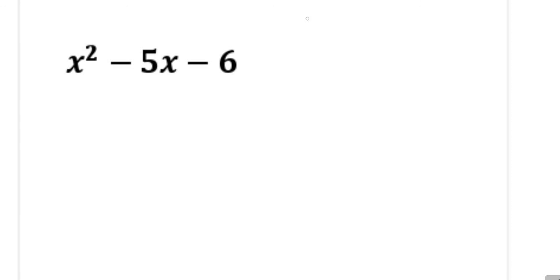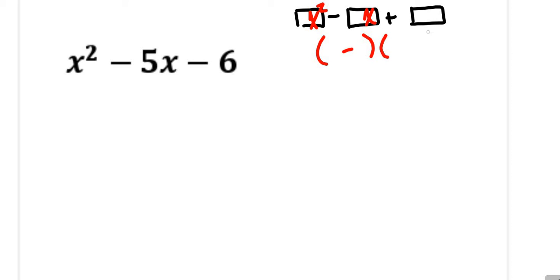Now, of these styles, when you have something that looks like this, something x squared minus something x plus or minus something. Because that requires a double negative to get that positive, you know your factoring is going to look like this, two negatives.